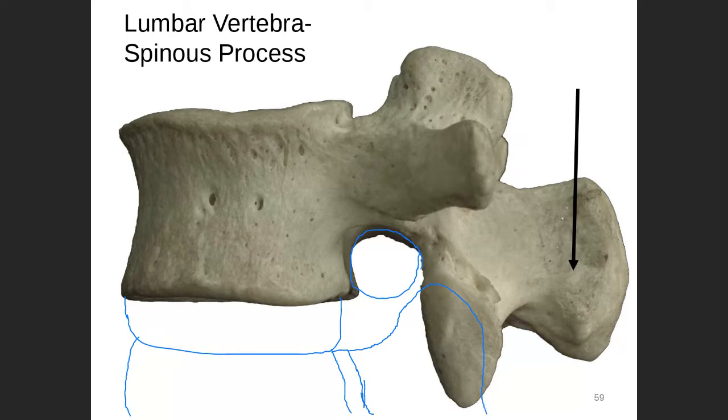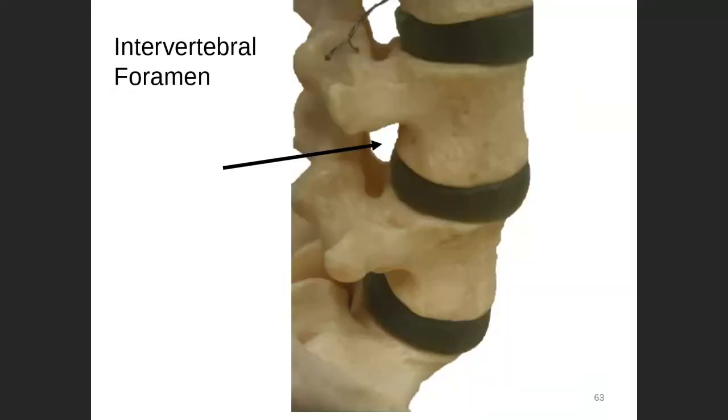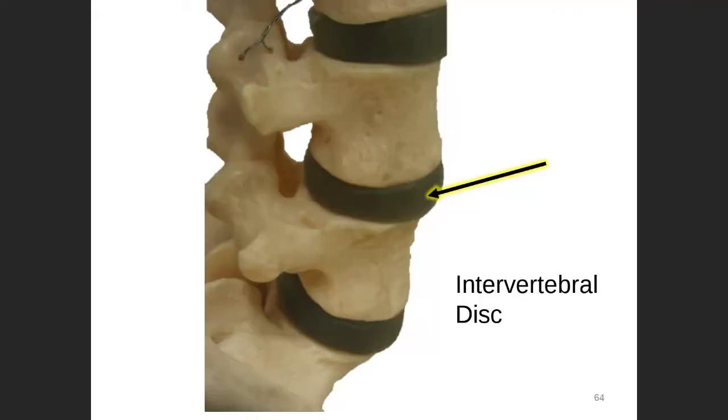All right, you've now created this space in here in which the spinal nerve exits out. And that's what we're seeing here. Okay, so that's the intervertebral foramen, which sits behind the intervertebral disc.